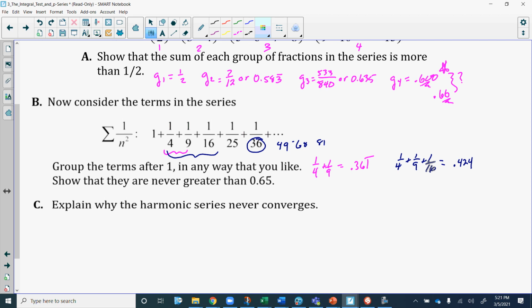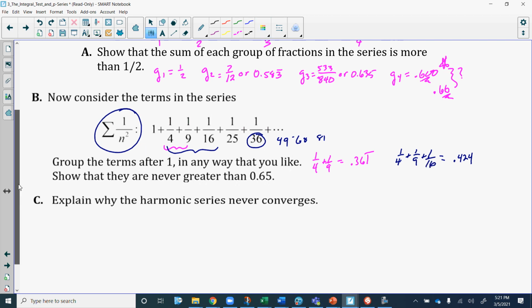And so the sum of those things never really gets any bigger than any particular value in the series. In this case, they're asking us to compare it to 0.65. So this one has a convergent sum, but the harmonic series does not. And I've been explaining why.